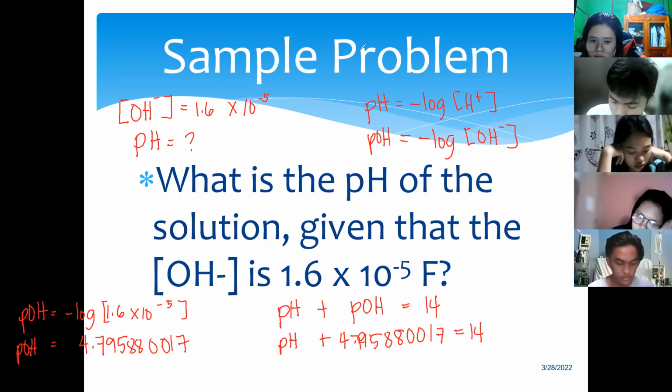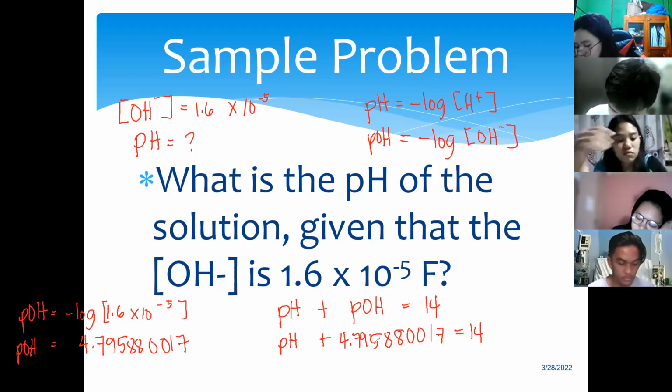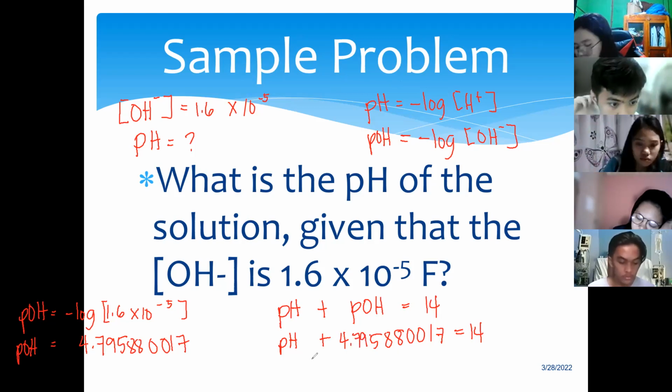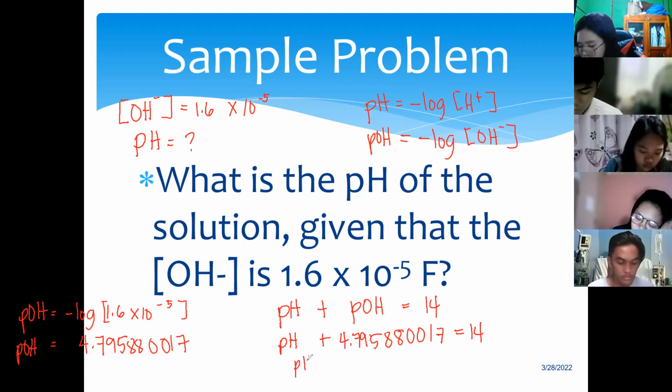Now, ito yung time class na magta-transpose tayo. Kasi our mathematical operation is addition. Okay? Addition kasi ito. So, magta-transpose tayo. And if nilipat natin itong 4.79 sa kabila, this will become negative. You know this.